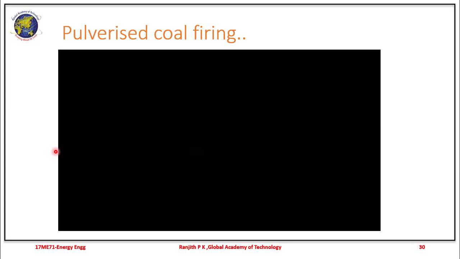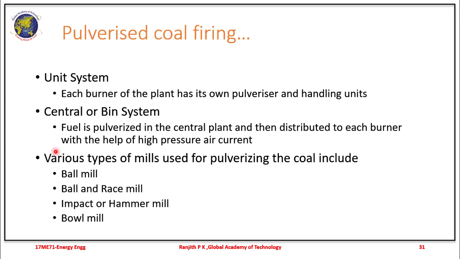So the key takeaway from this video is that pulverizing has formed the basis for many coal power plants being operated, and pulverized coal firing also leads to an energy efficient usage of the system.